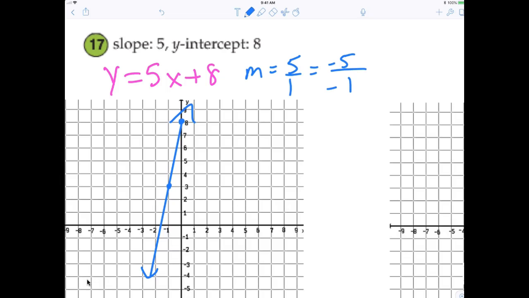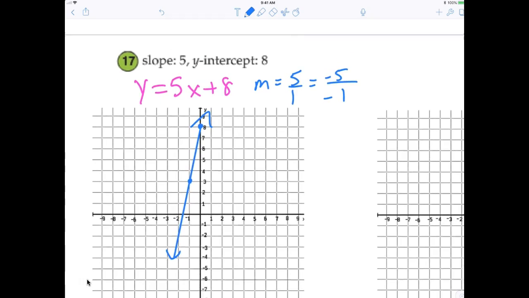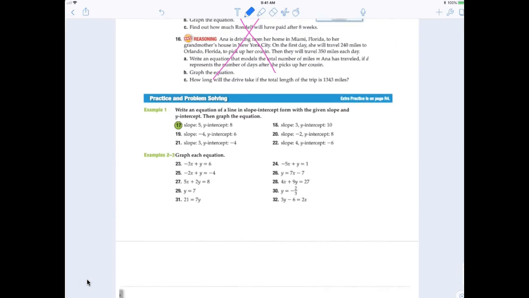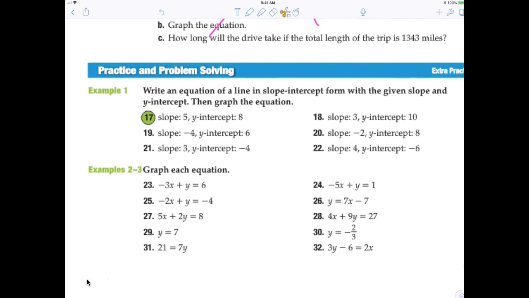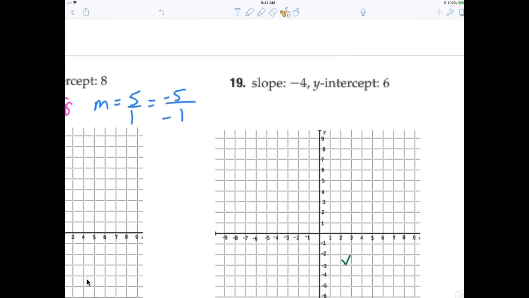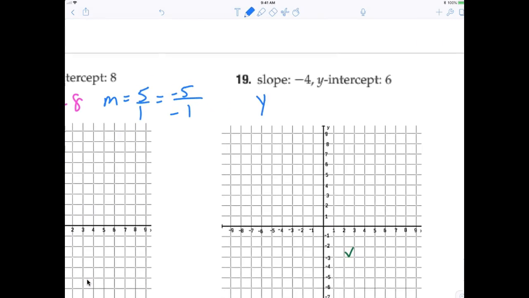Good for you. Yes, I'm going to let you do 19. All right, 19. Here we go. Let me highlight 19, please. All right, Mr. Hooker, tell me what to do. What's the equation? You are brilliant.